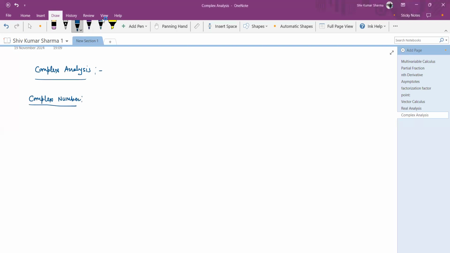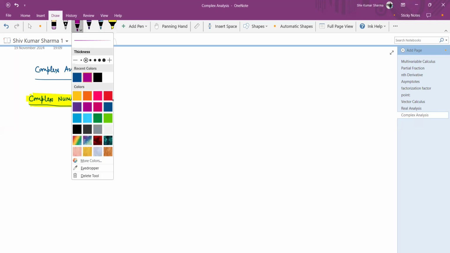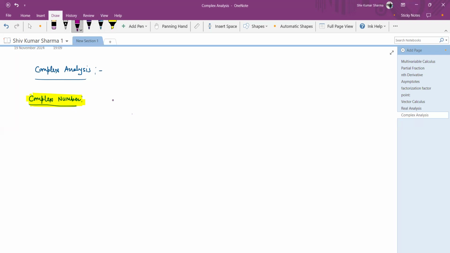So what do we mean by a complex number and how do we use these numbers? We start with the basic definition of a complex number. For defining the complex number, we write down this: let x and y be real variables.